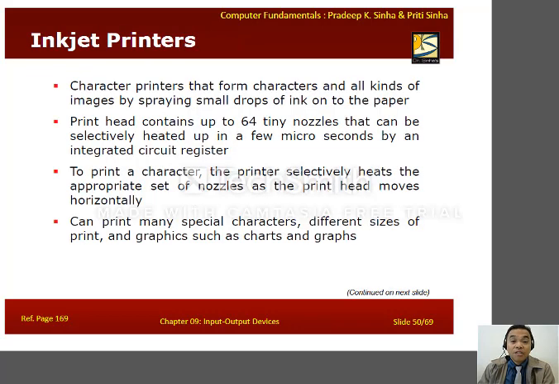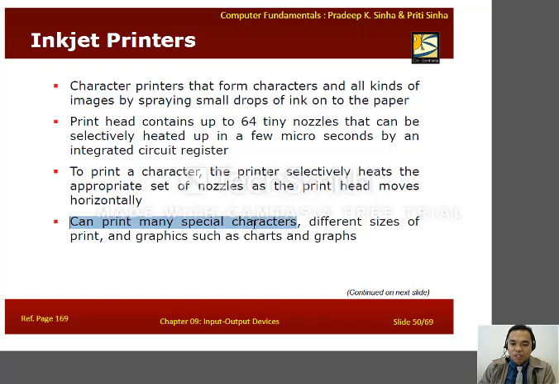Another type is inkjet printers. These are character printers that form characters and all kinds of images by spraying small drops of ink onto the paper. These printers contain up to 64 tiny nozzles that can be selectively heated up in a few microseconds by an integrated circuit register.